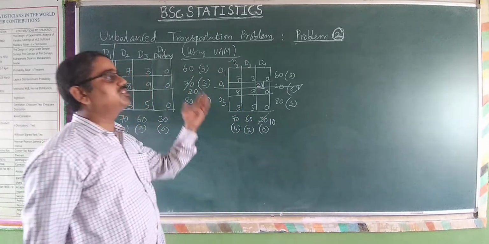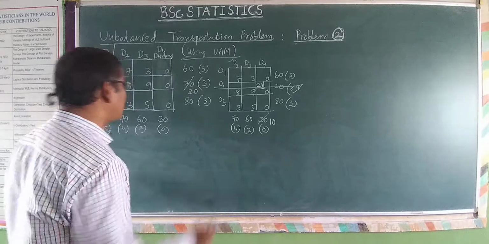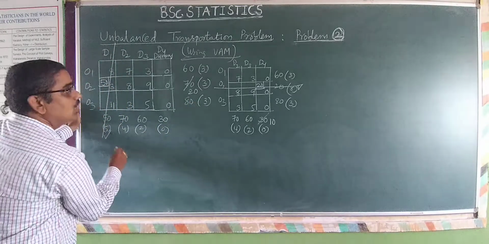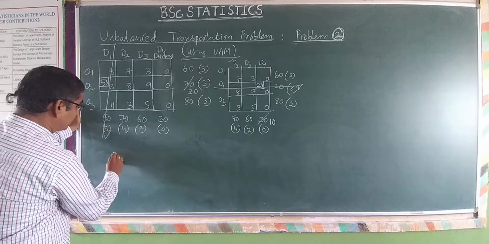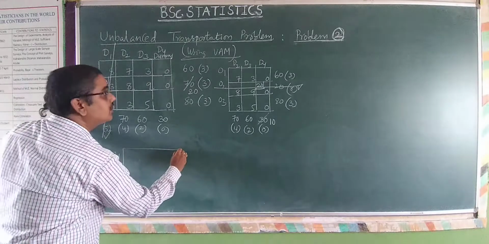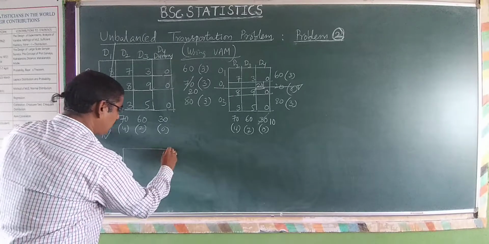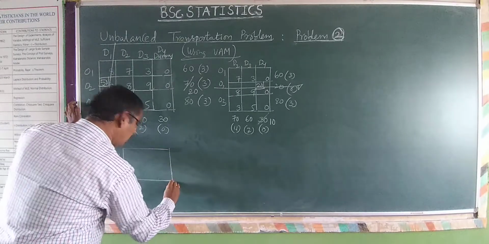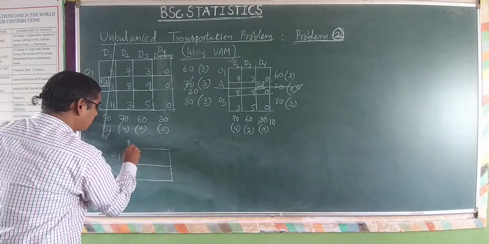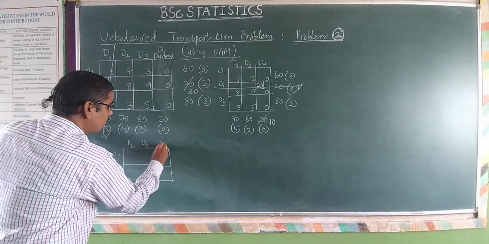Now you consider the next transportation table. It is the transportation table which consists of O1, O3, and the remaining requirements, and the destinations are D2, D3, and D4.